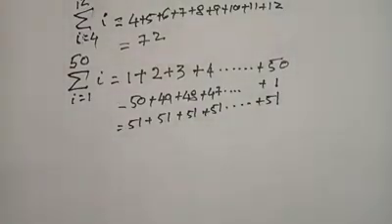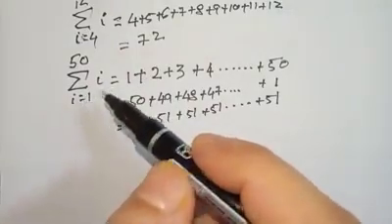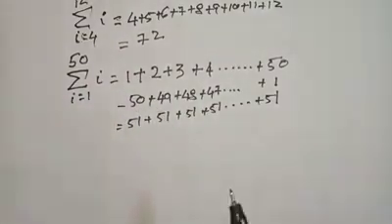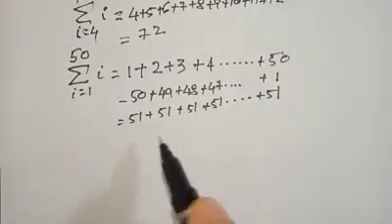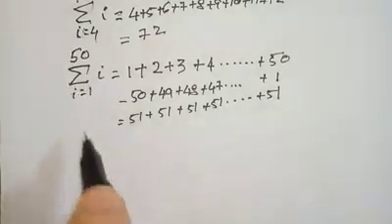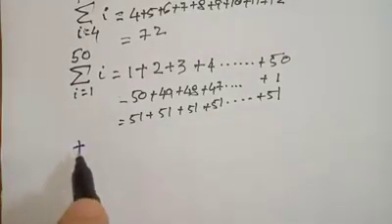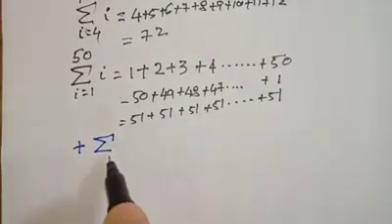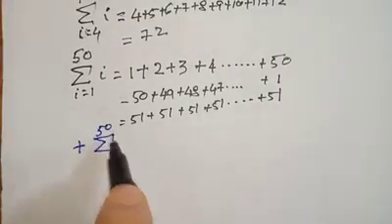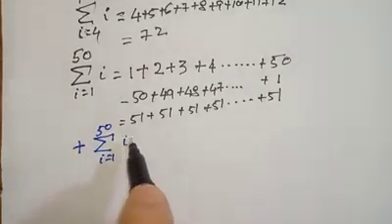Now what we have seen over here is that let us write this in a different way. Okay, so we write this sigma notation. This part I can split in two parts. So one is this, plus I can also write this as sigma, okay, I equals 1 to 50 of I, right?